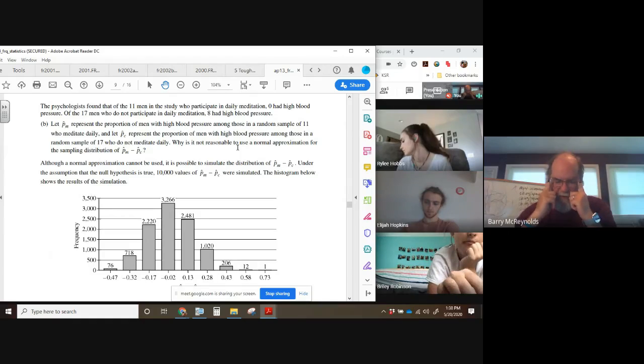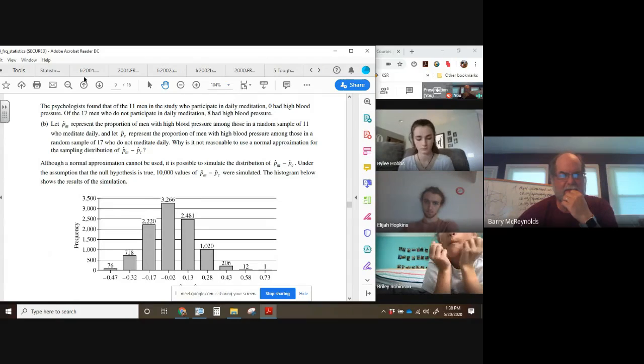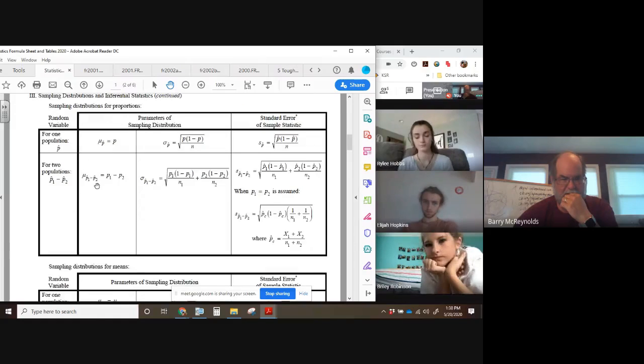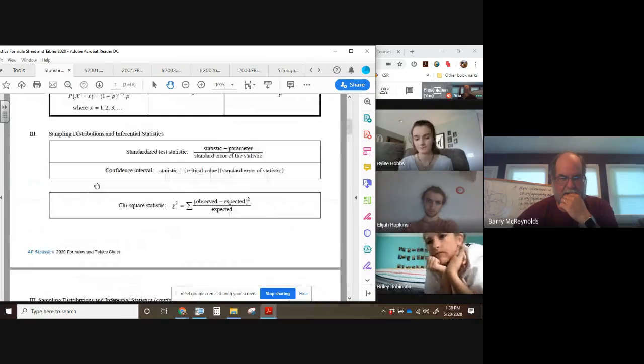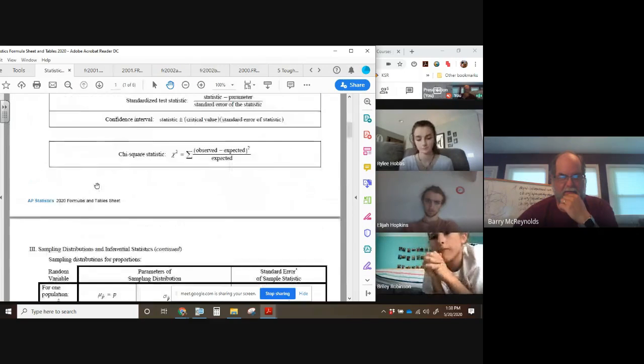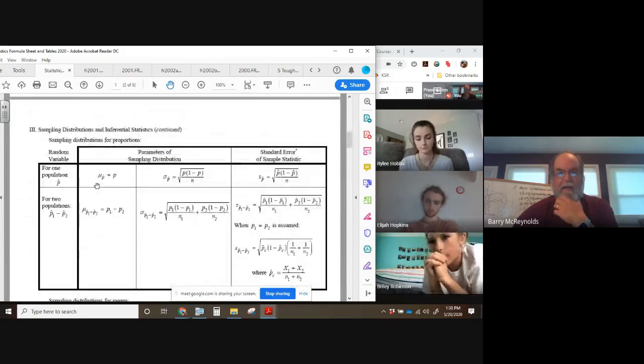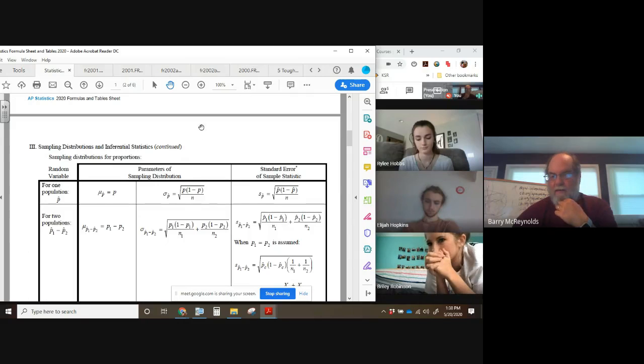And just make sure you keep in mind, and let me think, does this? No, this doesn't give you any hints. It is completely fair in this year's test, when you print this out, to write down the criteria for sampling distributions for proportions.